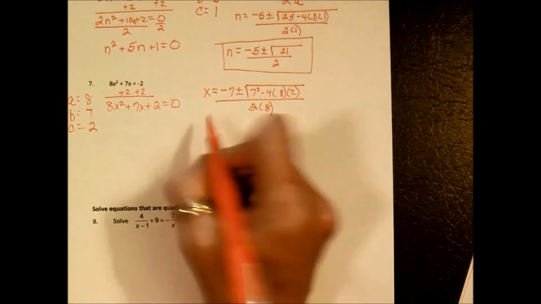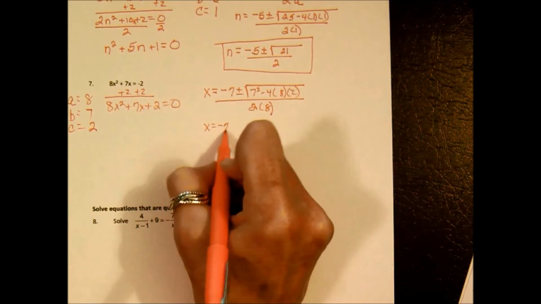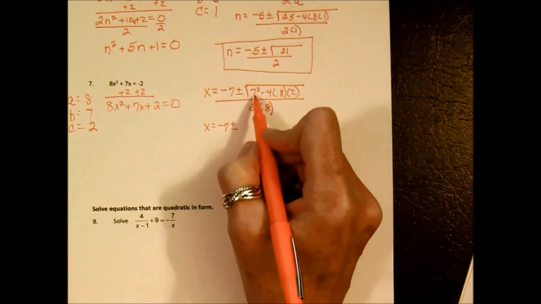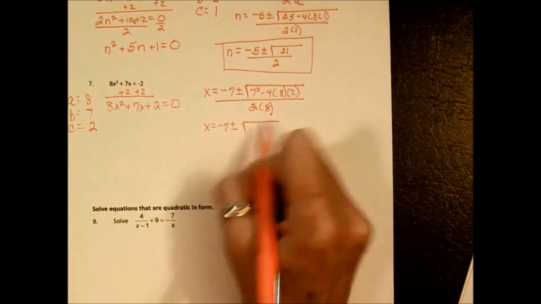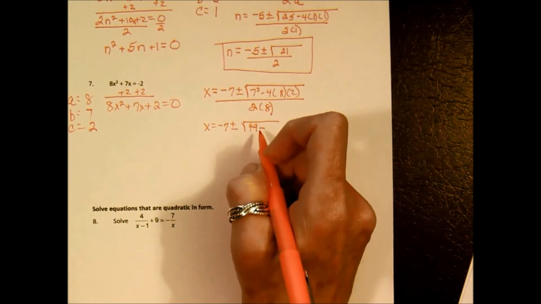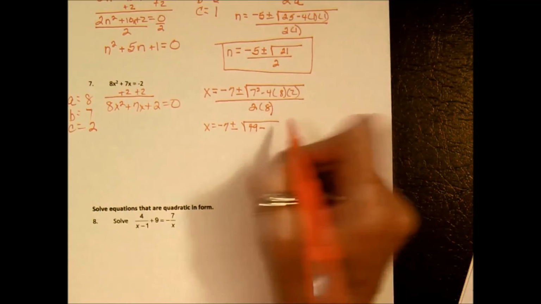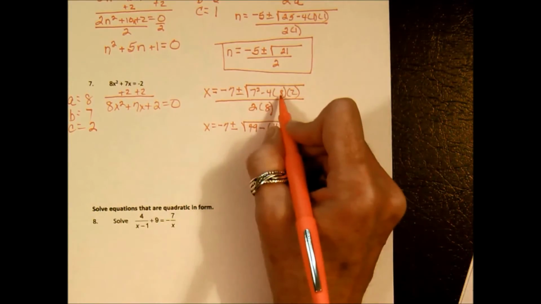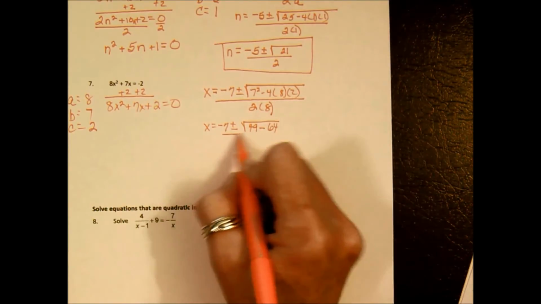Or x equals negative 7 plus or minus, this is going to be 49 minus 64, I believe. 4 times 8 is 32 times 2 is 64. Yep. All over 16.